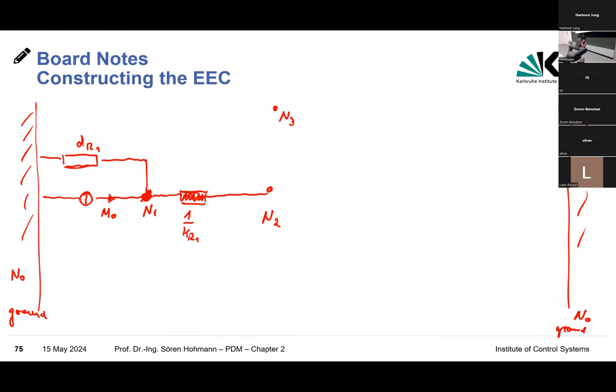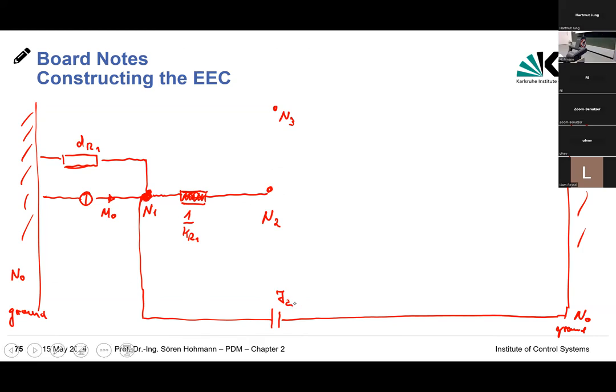So I do it here and leave some space because we need room for others. It's connected here, and there we find J2. Now, on the right-hand side, we have the second shaft. Again, it's a capacitor connected to the ground. So it looks like this. It's J3.